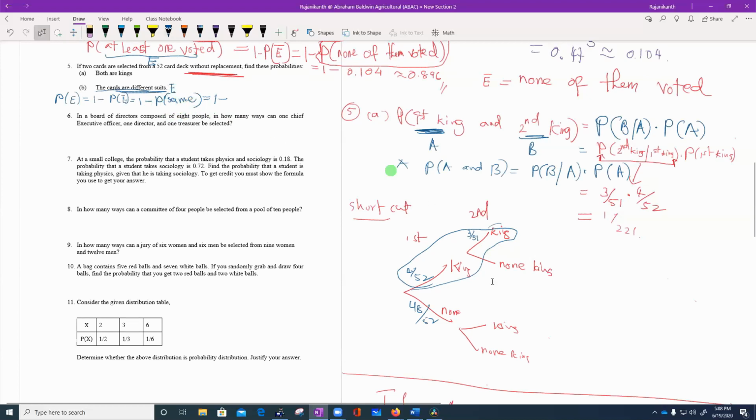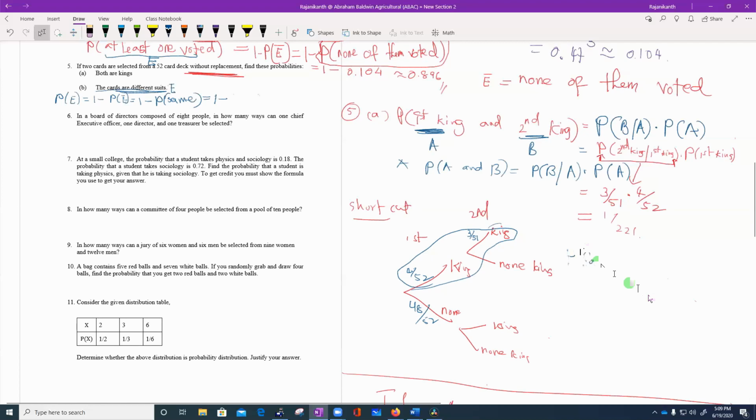So how many possibilities are there? Suppose you choose 2 cards, coming for example from hearts. What is the possibility of both of them being hearts? You choose the first card as hearts, and the second one also hearts. So what is the probability of those 2? Let me write it down here.